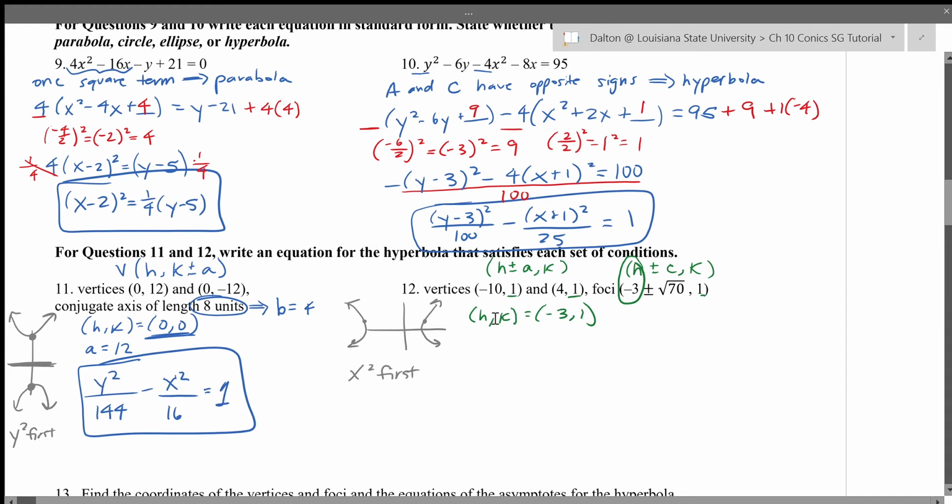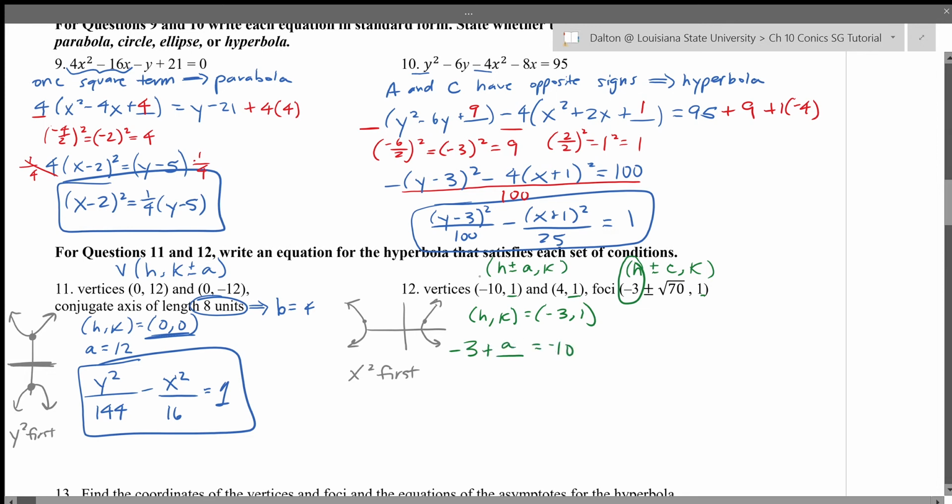So again, in order to write the equation of the hyperbola, we need to figure out what a and b are, because those are going to be our denominators. Well, if we use this number here for our vertices, so if we know that h plus a is equal to -10, so let me do that. h we know is -3 plus some number a is equal to -10.